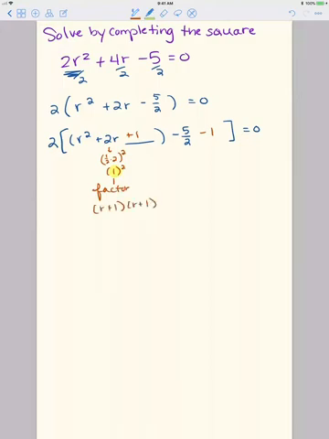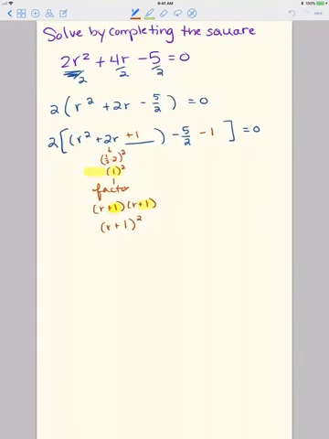Again, that's the whole purpose of completing the square: whenever you take half of that middle term and square it, that is what goes in the factored form, whether there's fractions, whole numbers, integers, whichever. That is what it factors into, that variable plus half of that r term, and that whole quantity squared.